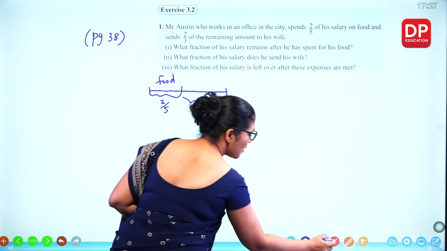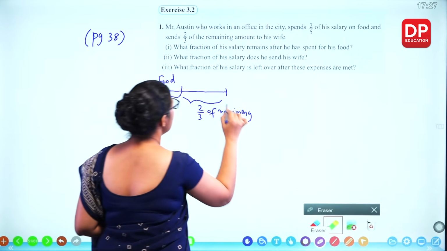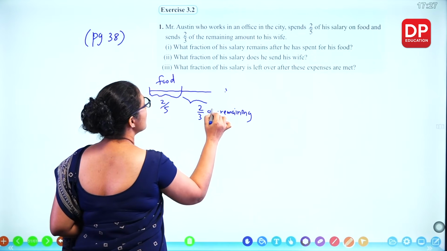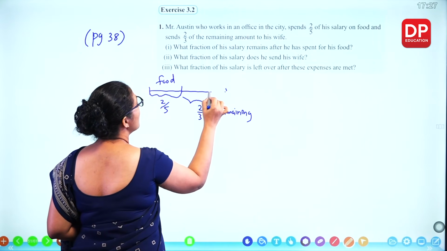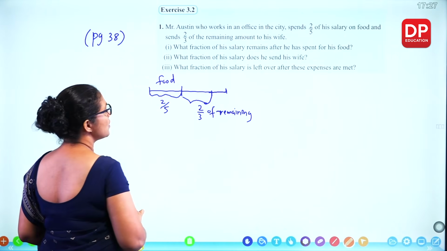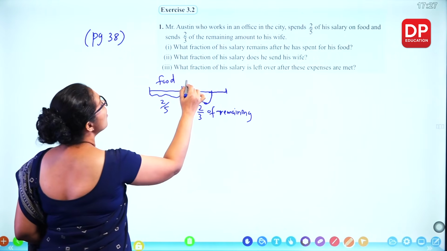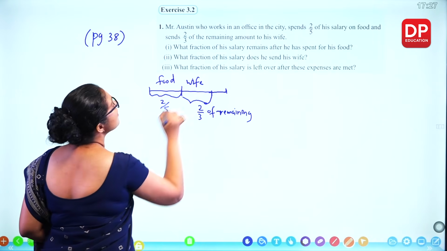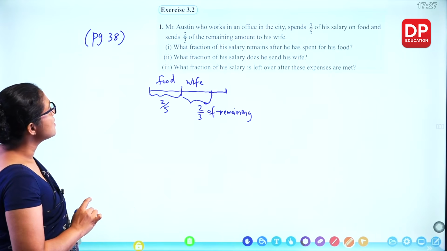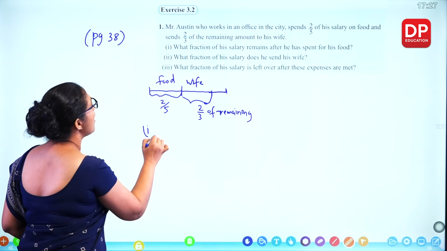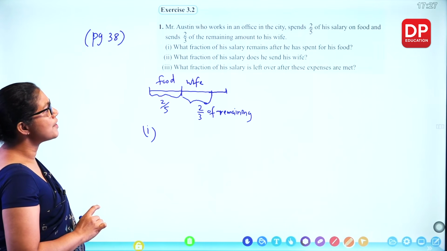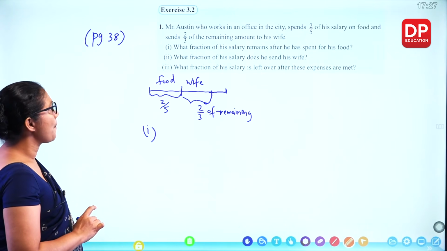So here this is not the full amount, so I'll erase this. If this is the total, we'll take this much, 2/3 of the remaining, he sends to his wife. They're asking, first part, what fraction of his salary remains after he has spent for his food?